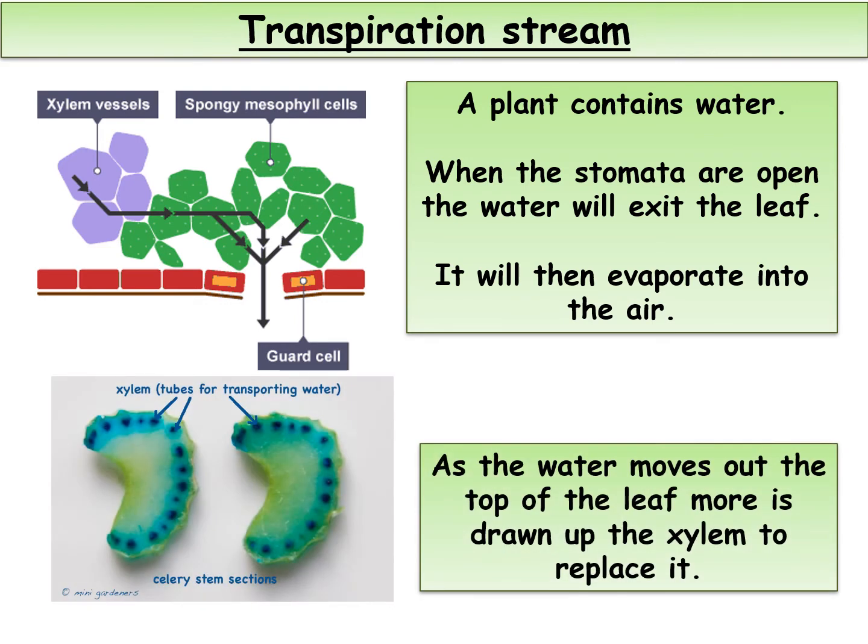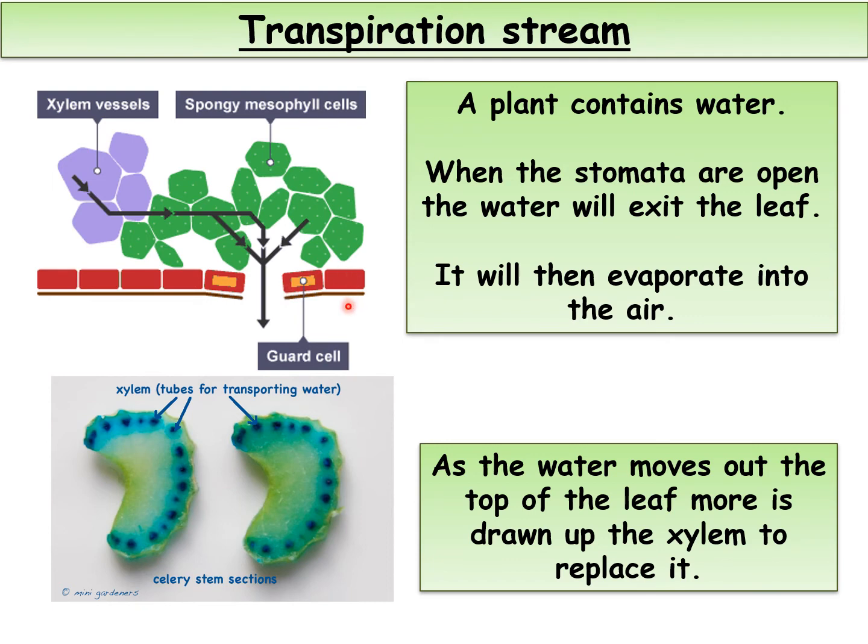So let's go through this example. You've got a plant that contains some water, and when the stomata are open, so stomata are small holes on the underside of the leaf, we'll go into that towards the end. But when they're open, water will actually exit the leaf, and it'll do this by evaporating into the air.